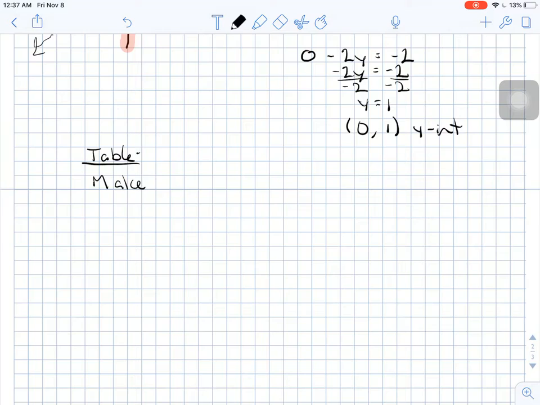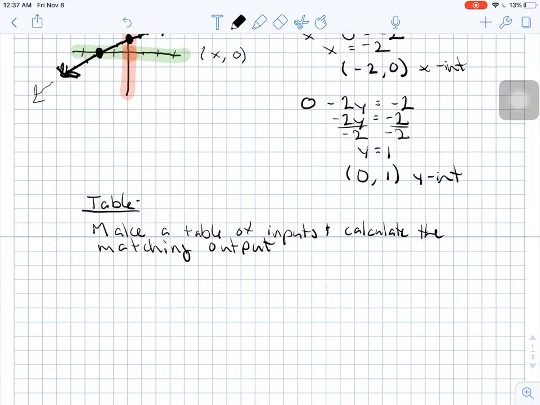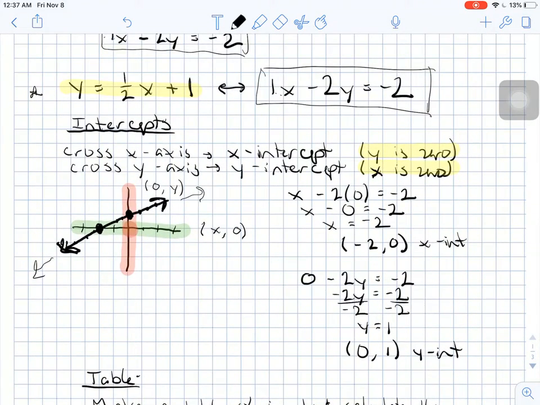So basically, make a table of inputs and calculate the matching output. So that's going to be a lot easier to do with this yellow highlighted equation.